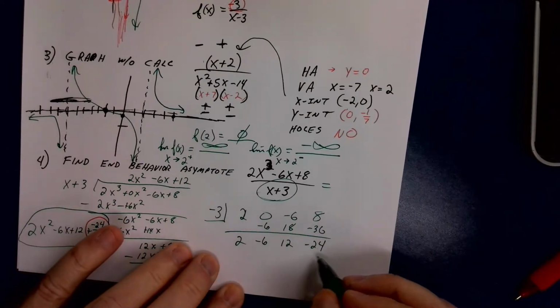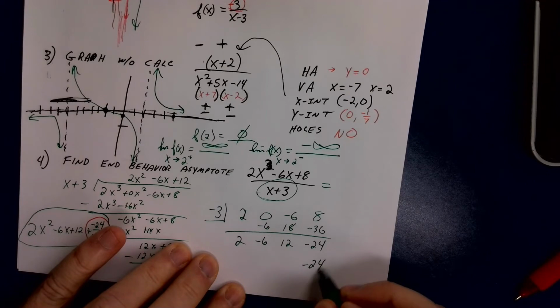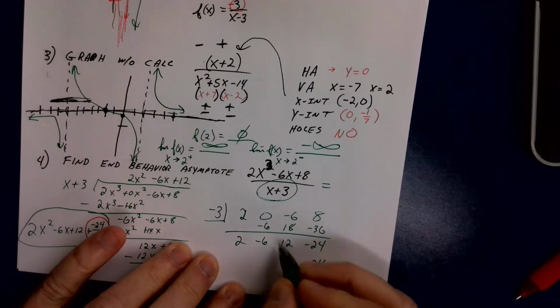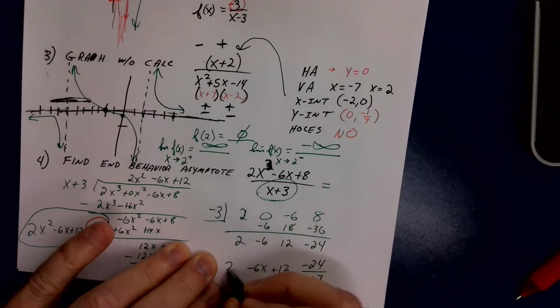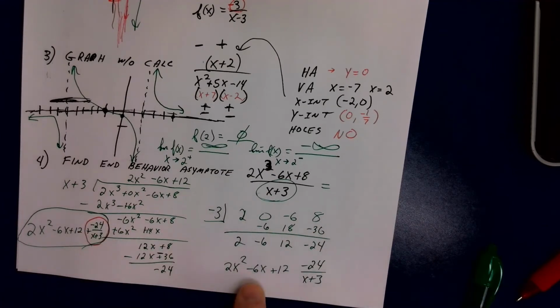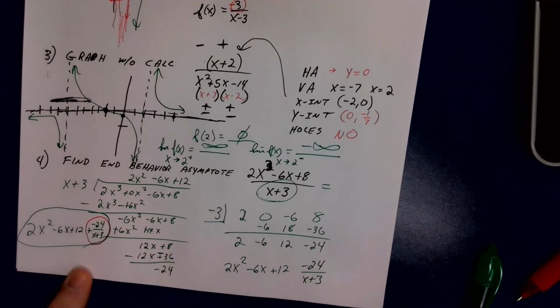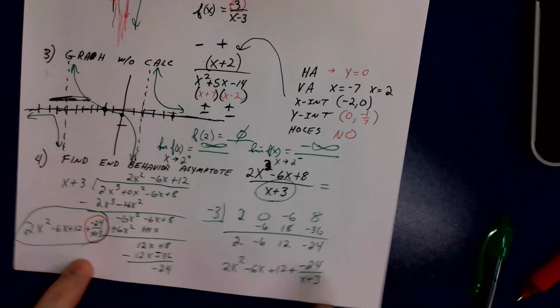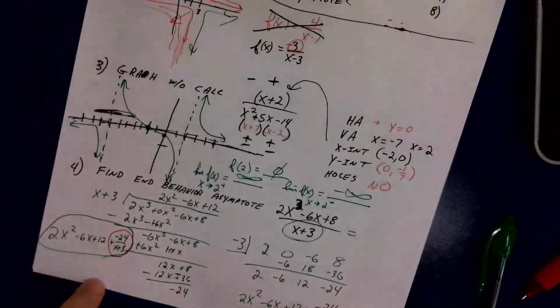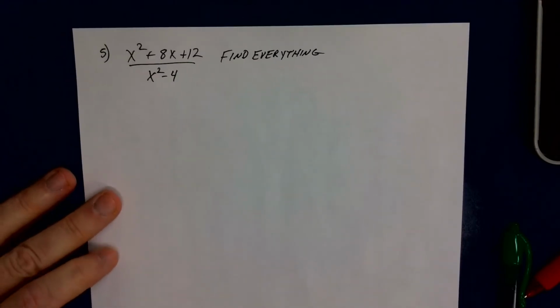Therefore, this is my remainder. This is my constant, this is my linear, this is my quadratic: 2x squared minus 6x plus 12 plus the remainder, negative 24 over x plus 3. I got the same thing. Yes, that is my end behavior asymptote.